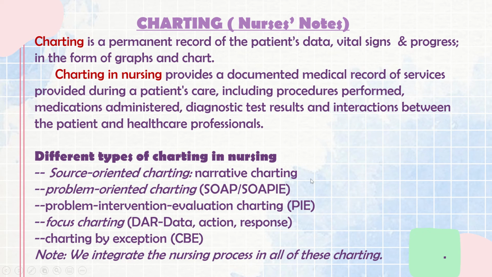Commonly, we call this traditional charting. And before, ito yung most common na charting na ginagamit here in our context, si narrative charting. Next, we have problem-oriented charting. An example of this are SOAP or SOAPIE. Okay?